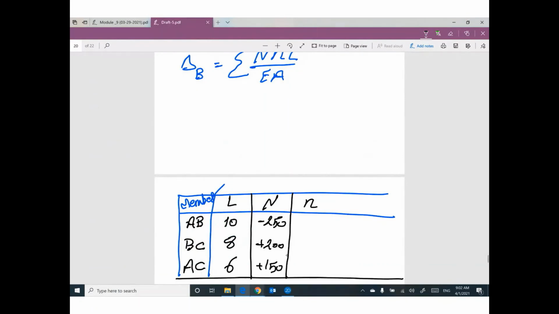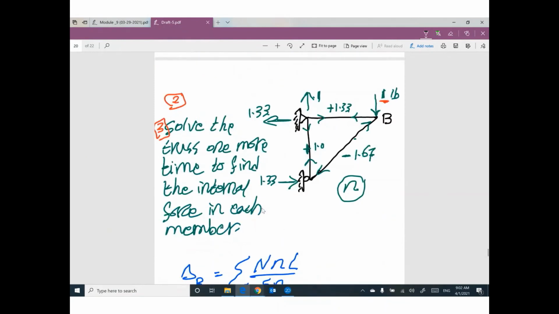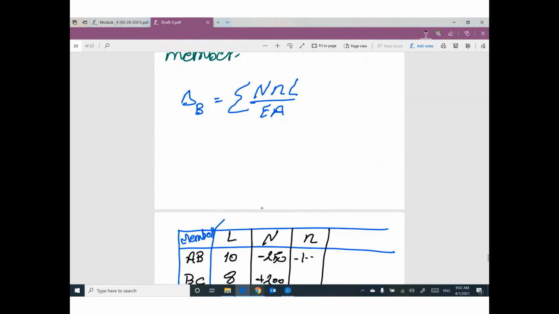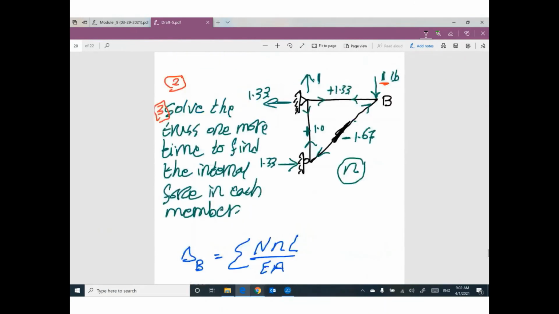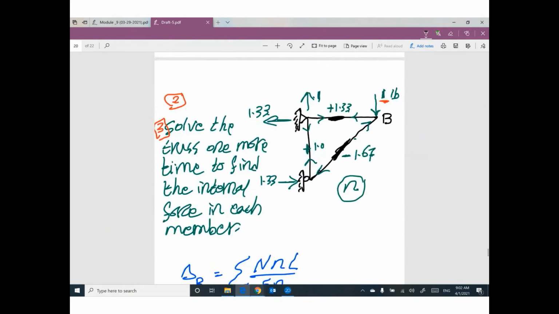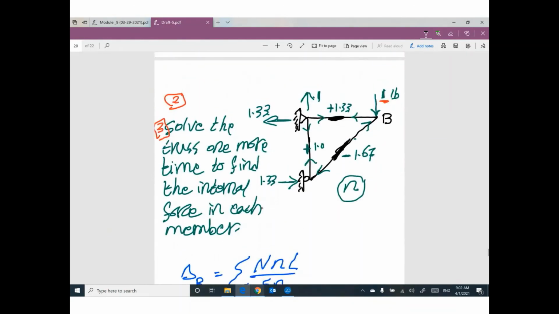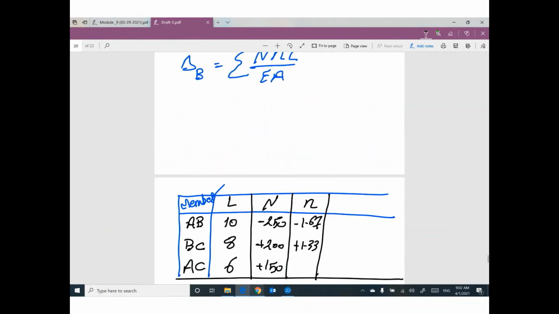Small n: what is the internal force in this member? Negative 1.67. Member BC, positive 1.33. The third member, positive 1.